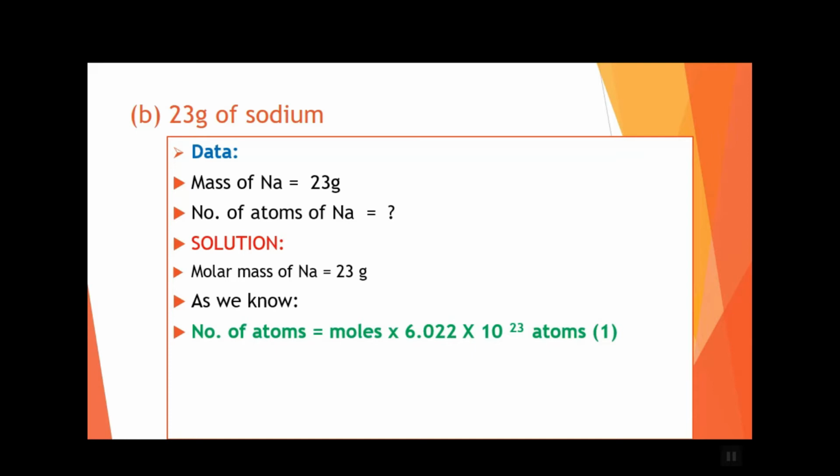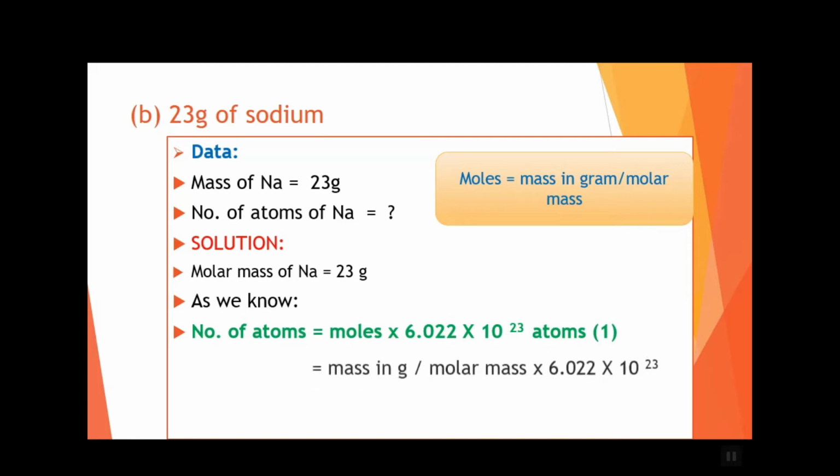Yes, we just open the formula of moles and put the values and get the answer. As you know, number of moles is equal to mass in gram divided by molar mass. So, we will put the value of moles in that formula. Number of atoms is equal to mass in gram divided by molar mass into 6.022 exponent 23 atoms.